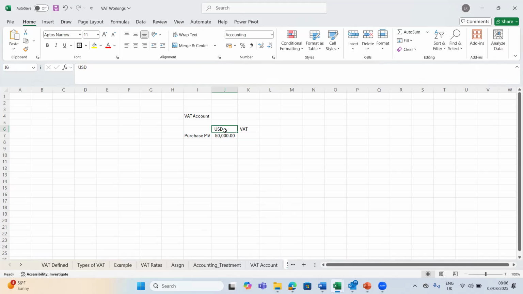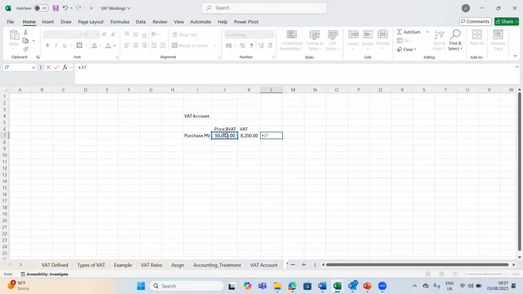This is the price before VAT. And then there is VAT of how much? 16.5%. So it'll be this one times 0.165. Right. So, what's the cost to us? The cost will be 50 plus 8,450.